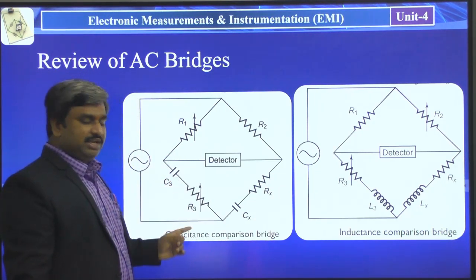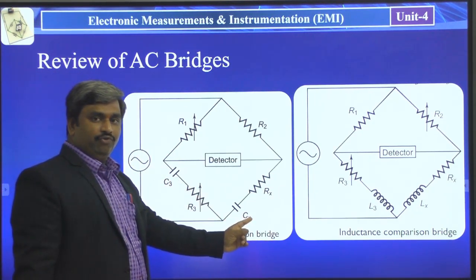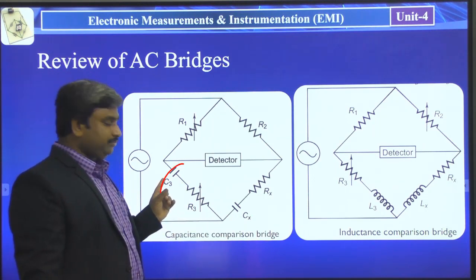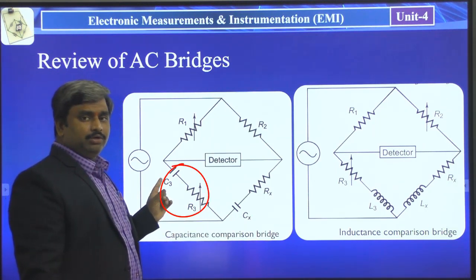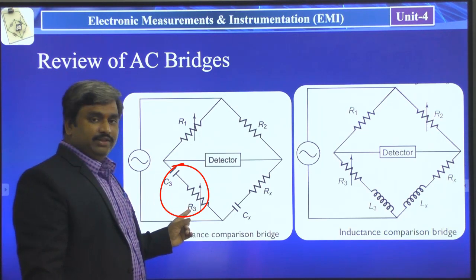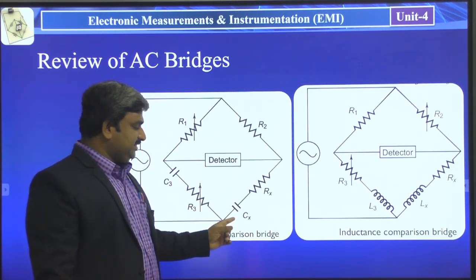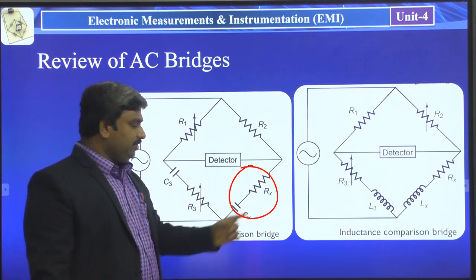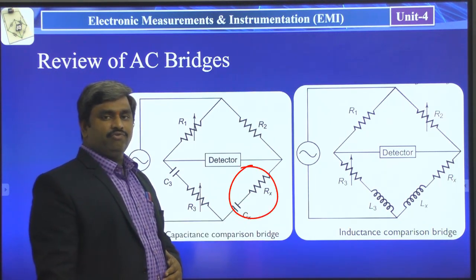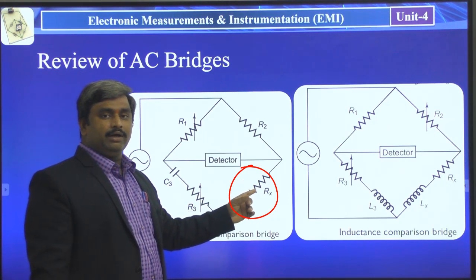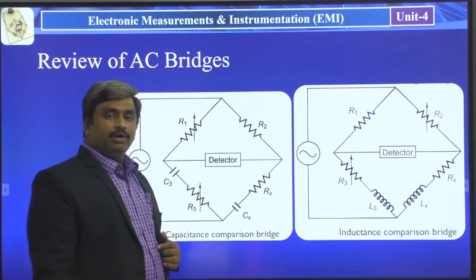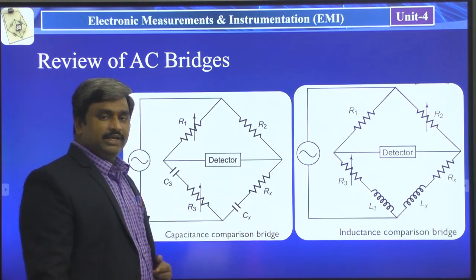In the capacitance comparison bridge, in the third and fourth arms, we have taken a capacitor C3 in series with R3, and in the fourth arm a capacitance CX with a series resistance RX, which is the internal resistance of the CX component.